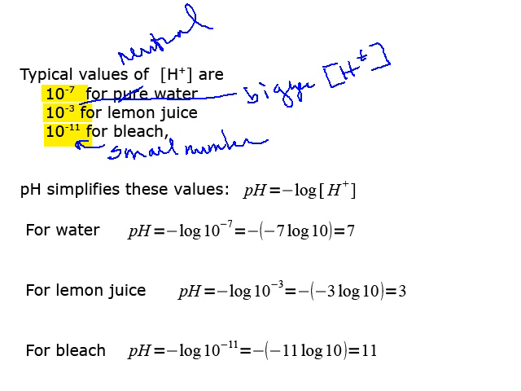What the pH does is simplify the way to write these values for the hydrogen ion concentration. You might think of how this could be handy. In the olden days, we typed on mechanical typewriters. And if you wanted to put a superscript on something, you had to take off this brake on the roller.